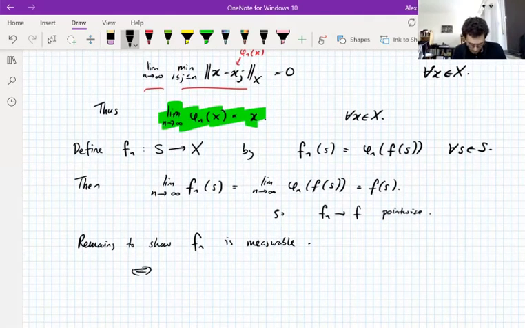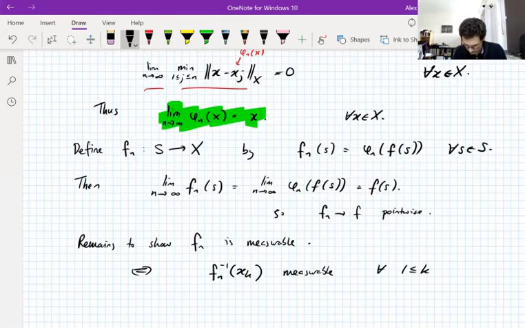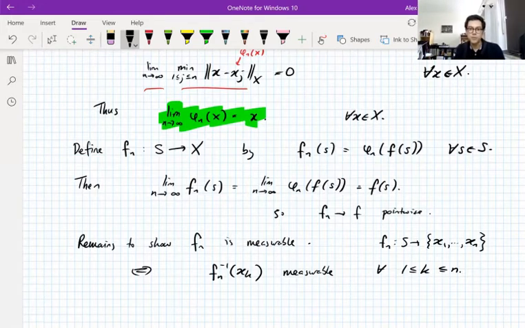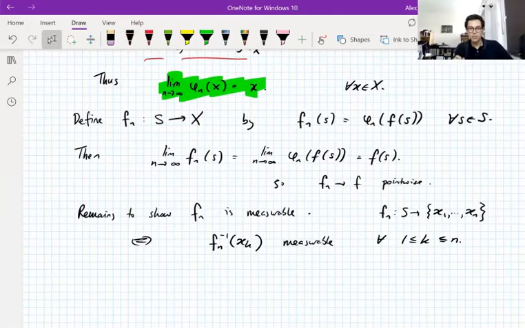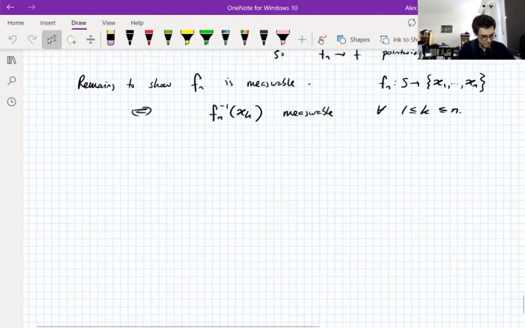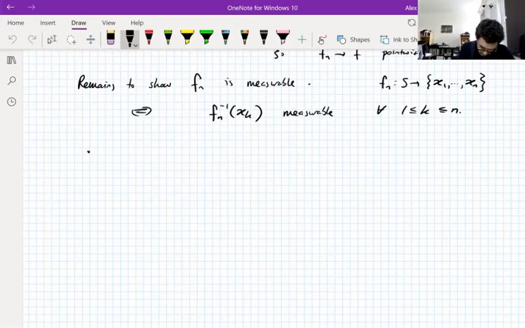This is equivalent to showing that the pre-images of the vectors xk are measurable. And this is for all k between 1 and n, because fn maps s into the first n elements of this sequence. So we just need to check measurability of each of these individual pre-images. So let's look at what this pre-image is.